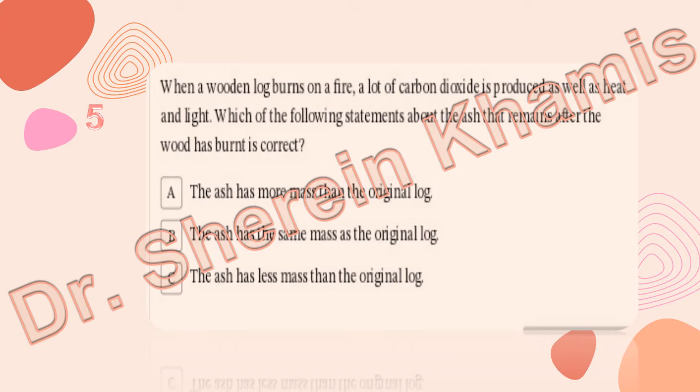When wood is burned, we have ash, and gases may be formed. The burning may cause a decrease in the mass of the original log. So the ash has less mass than the original log.